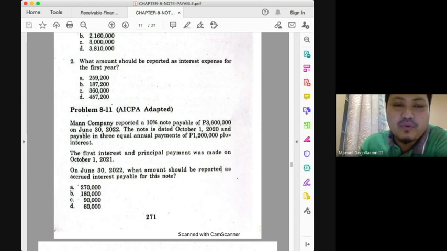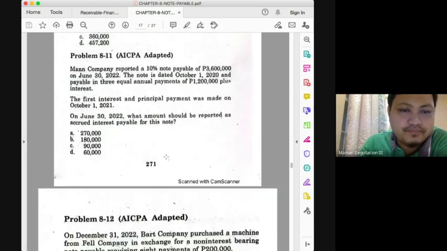So from October 1, 2020 to June 30, 2021, your accrued interest would have been 270. Okay. Then your answer would have been 90,000, class, if the question was June 30, 2023. Okay. So perhaps that is what's going to happen in our exam. You'll be asked for accrued interest payable for different dates. Okay. So at least be prepared.